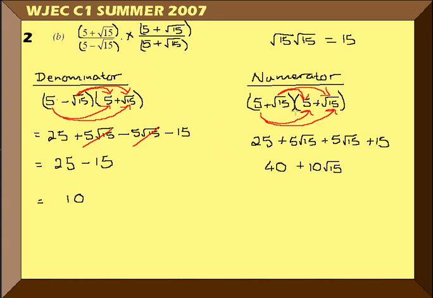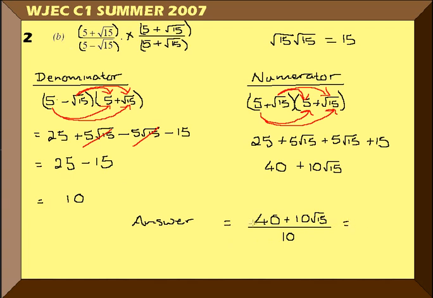So our solution is the numerator is 40 plus 10 root 15. The denominator is 10. Now this question is worth 4 marks in total, but sadly we haven't quite got the 4 marks yet.